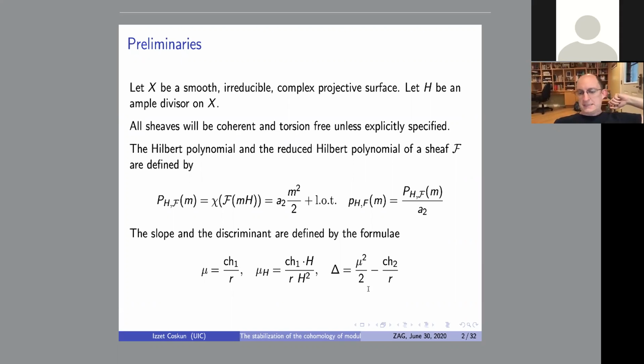And the discriminant is this invariant. The thing that's nice about the slope and the discriminant is that they work well with respect to tensor products. It's just another way of recording the Chern classes or the Chern character, but it is additive under tensor products. So that's why it's nice to have these.